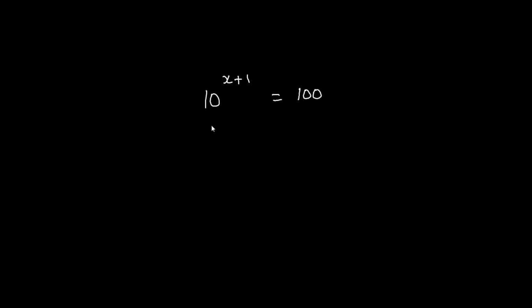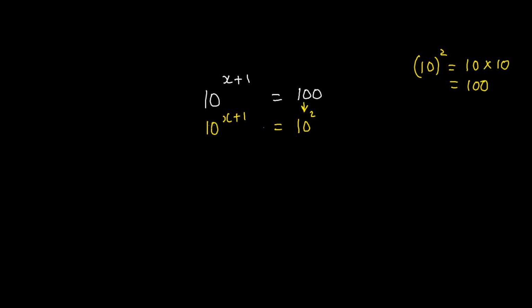Now if I look at 100, I can write it in exponential form. I know that 10 raised to the power of x plus 1 is equal to 10 raised to the power of 2, because 10 raised to the power of 2 actually means 10 times 10, which is equal to 100. So I can rewrite 100 as 10 raised to the power of 2.